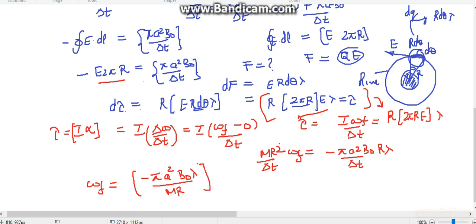What is getting cancelled? Delta t gets cancelled, a square is here, B0 is here, and R also comes here. It is better to check all the values at the end so that there is no mistake left.